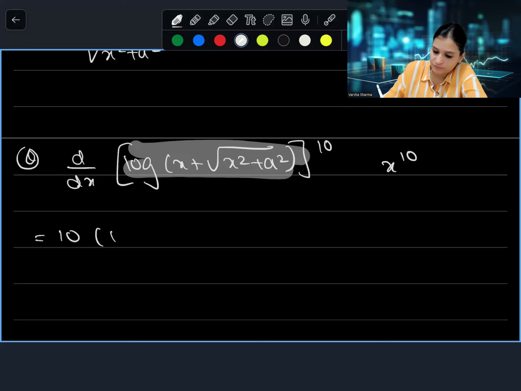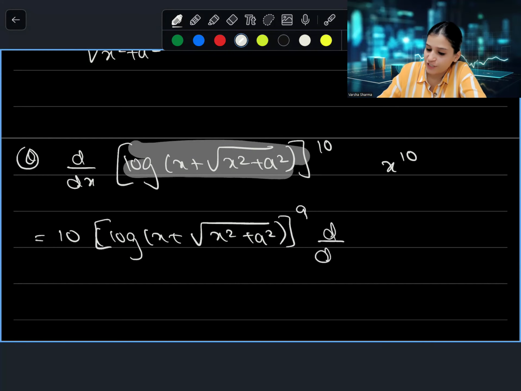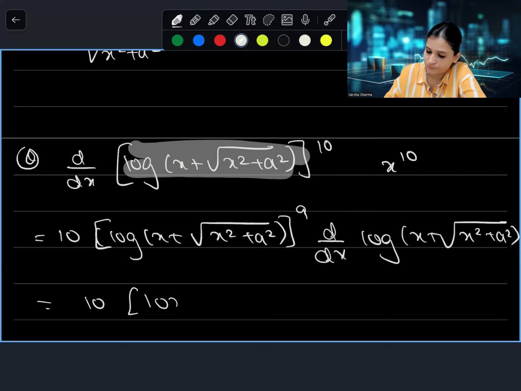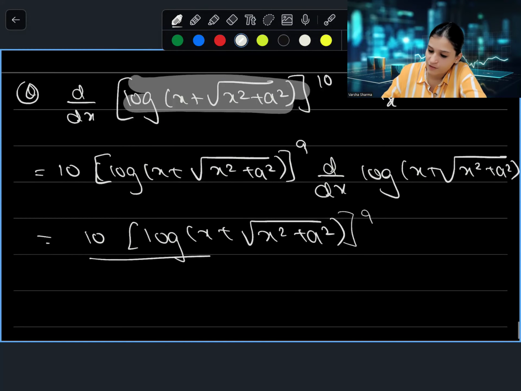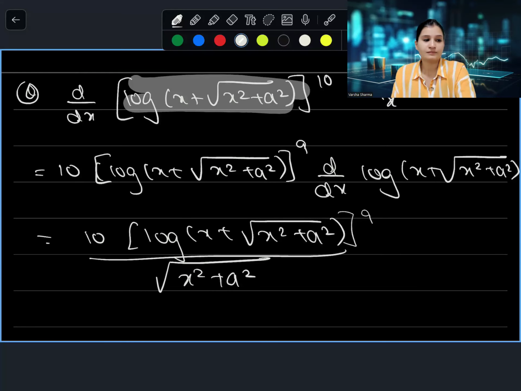So 10 x to the power 9 into differentiation of the term written inside the bracket. Now this is the previous one, so I'm directly writing the answer. The answer of that will be 1 by root over x square plus a square.